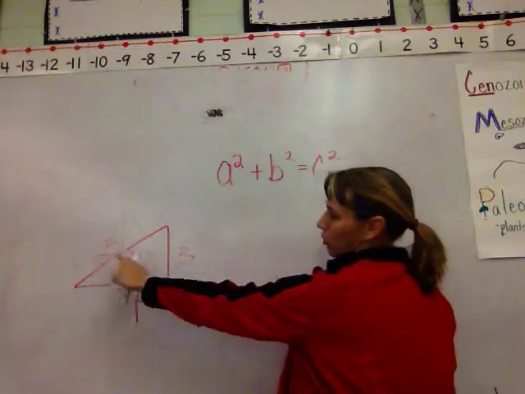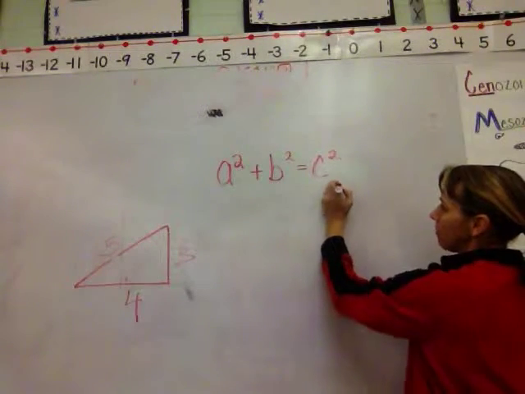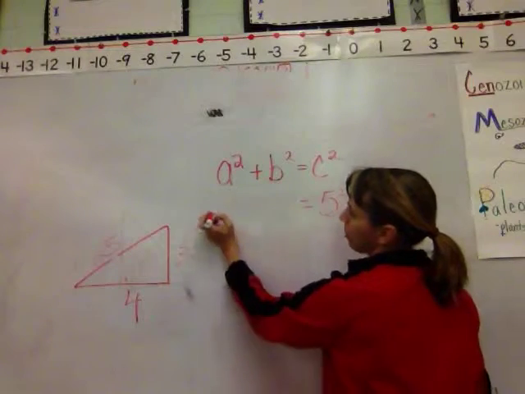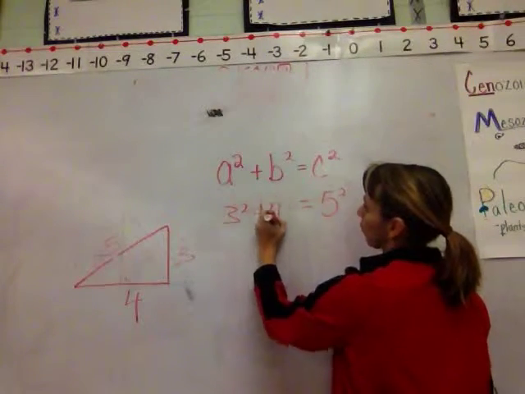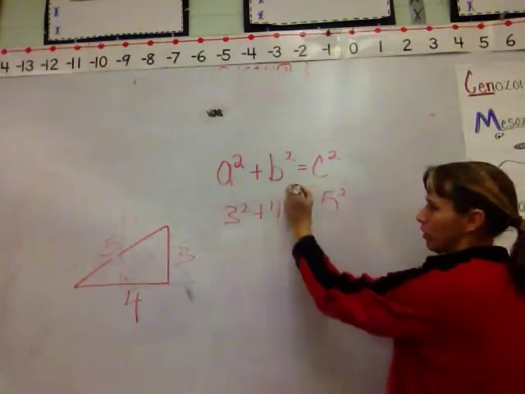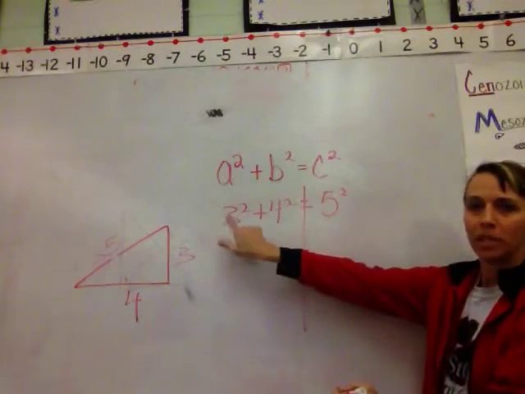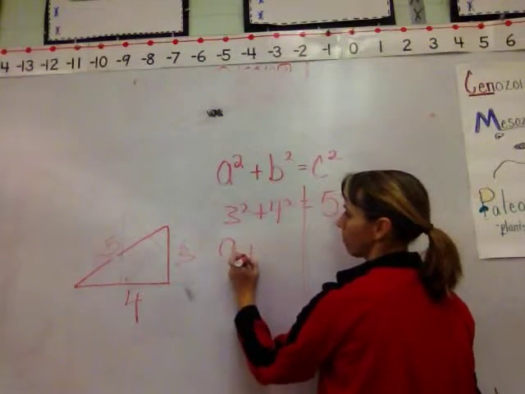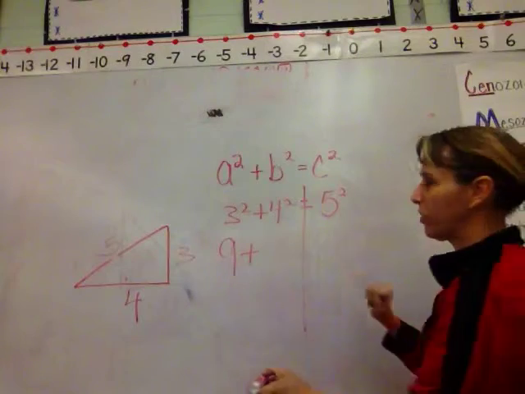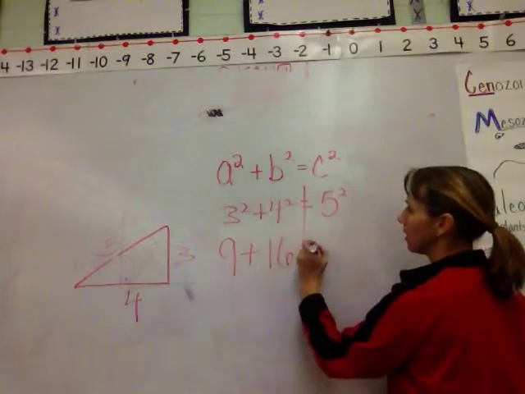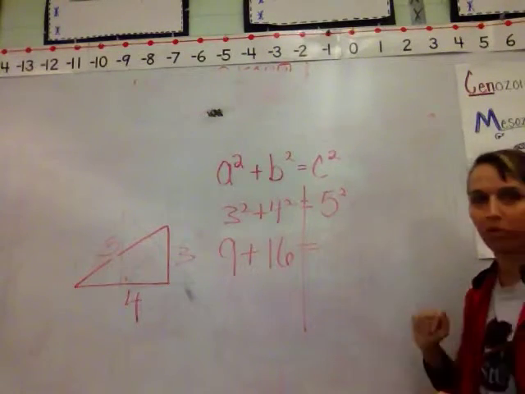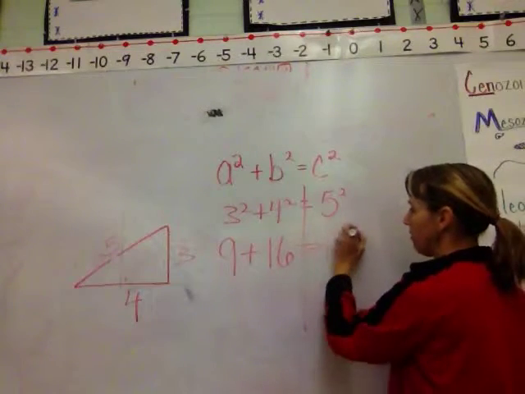Same thing, your longest or biggest number is going to be your C, 5 squared, 3 squared, plus 4 squared. Okay, you're noticing that when I draw my line, 3 times 3 is 9, plus 4 times 4, which is 16, equals 5 squared, or 5 times 5, which is 25.